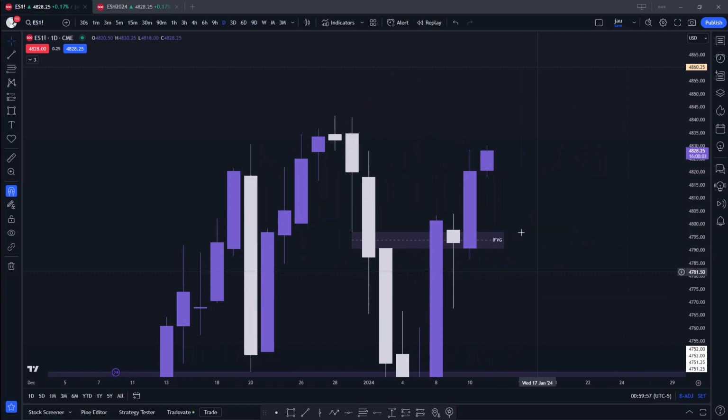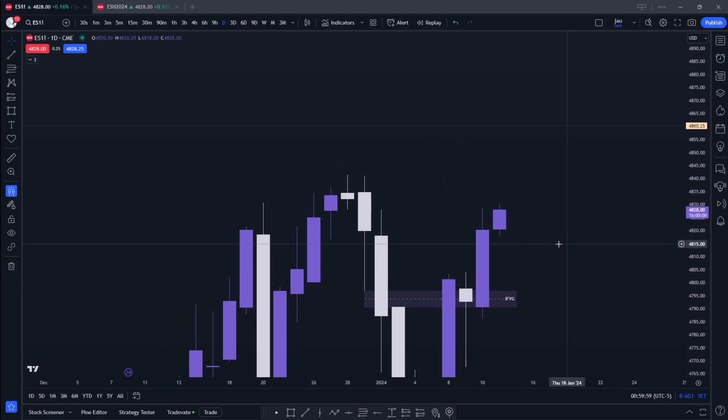So now going into CPI, going into today, I will be looking to see if we could get some sort of retracement, because this is today's candle, probably to that point, then the buy side. Why this point?